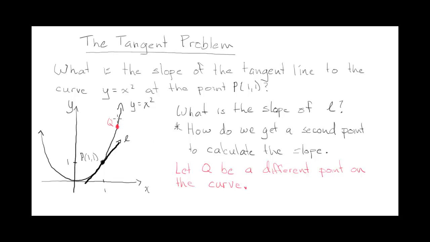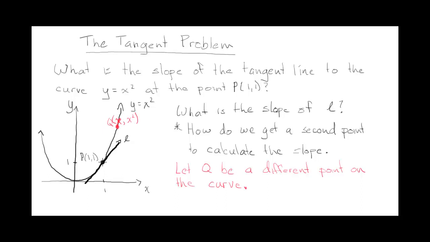Q is an arbitrary point, so it's just going to have the coordinates x and then the y value. The y value is actually going to be x squared because it's the curve y equals x squared. So (x, x squared) is this point Q.